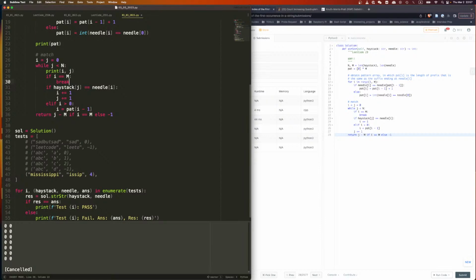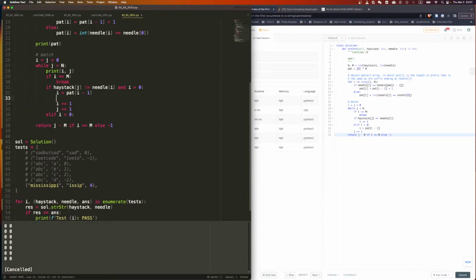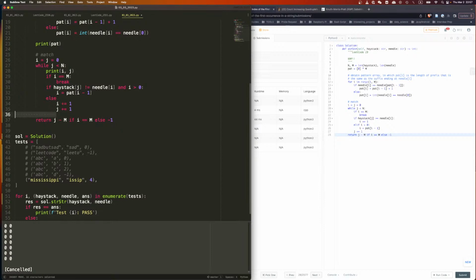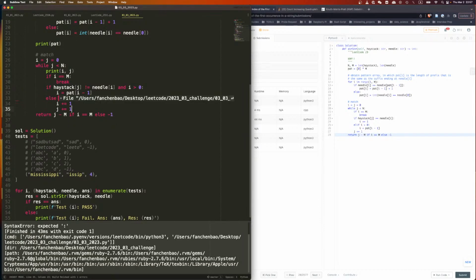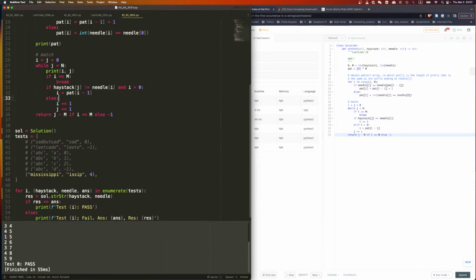So it should be like this. If this is not and I is larger than 0, then we will have to update I. Otherwise, these two both move forward. There we go.